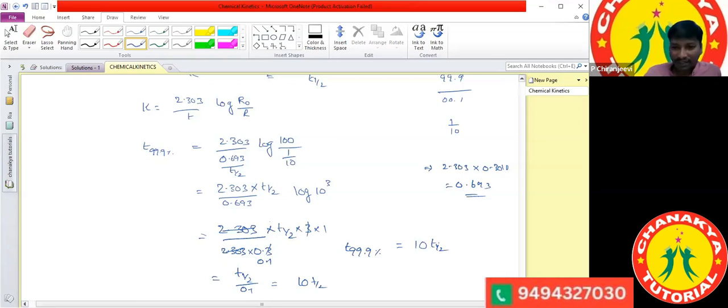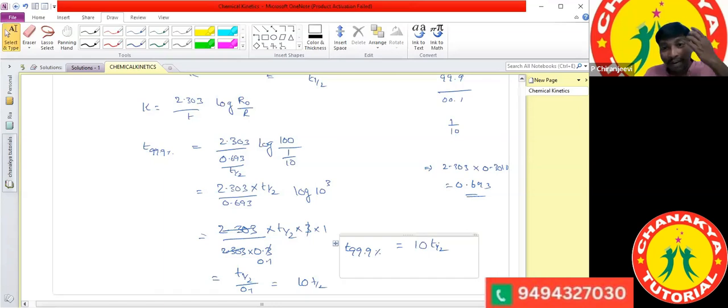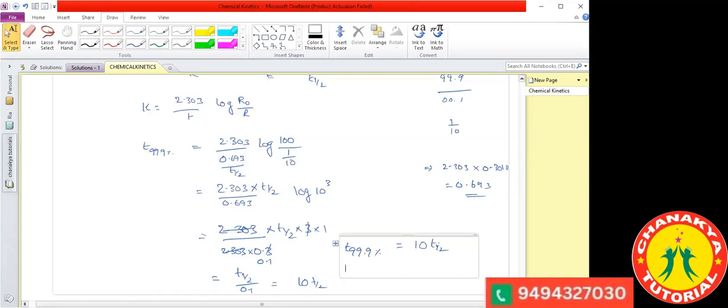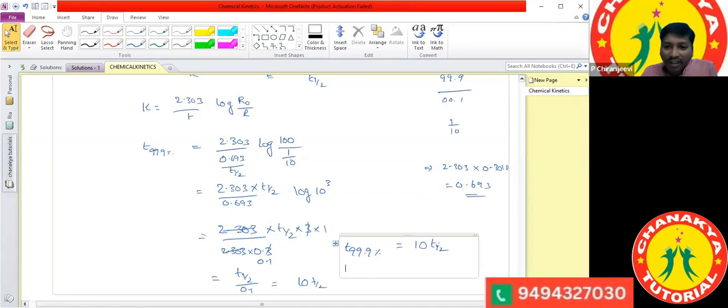Sir, we applied the formula. Didn't they already give in the question that the time required for completion of 99.9 percent is 10 times the half-life of the reaction? Yes, ma'am. We are deriving that; we are showing proof whether it is correct or not.